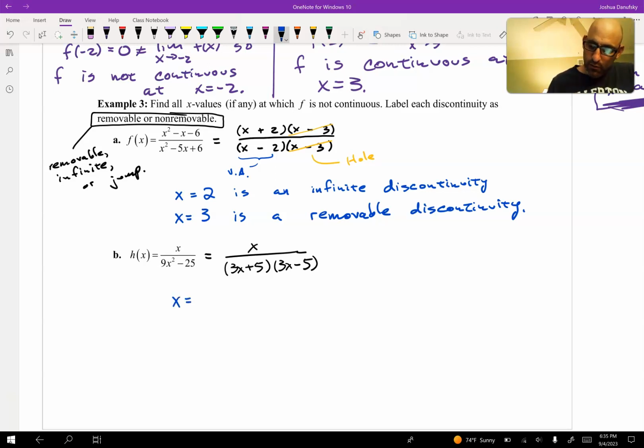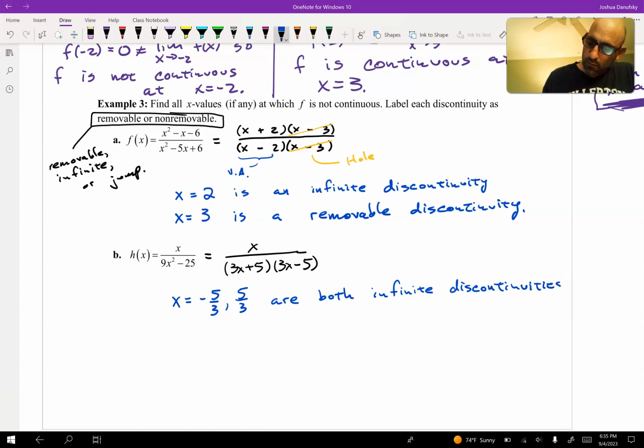So x equals negative 5/3 will zero out this factor, and positive 5/3 will zero out that factor. So these are both infinite discontinuities.